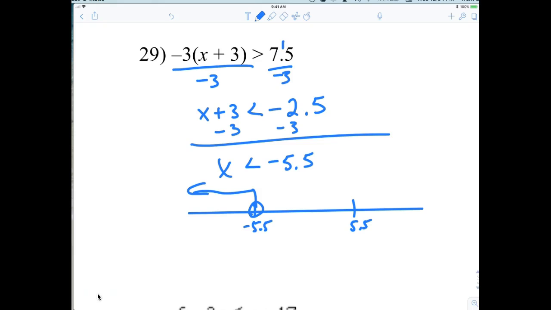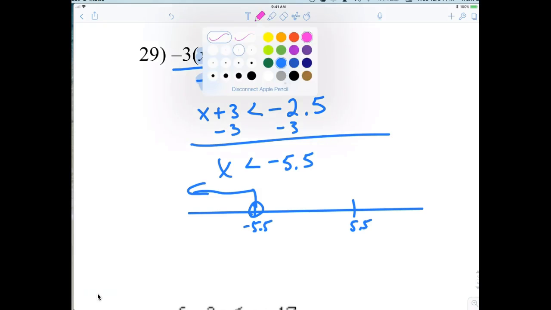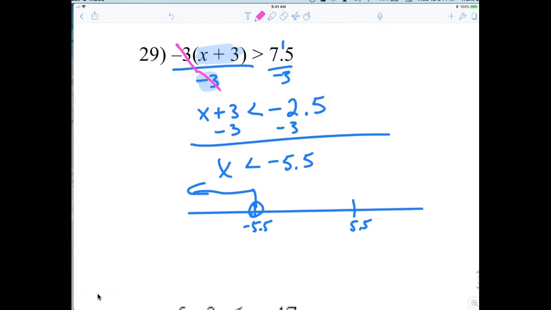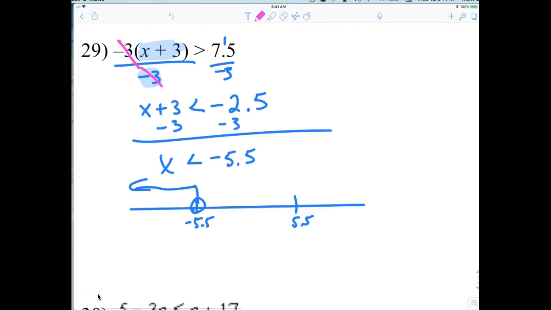How did I get this -3 here? No, the x plus 3. It's from here, because these guys canceled out. Right? What about dividing it first? Well, that's just because you made a mistake.